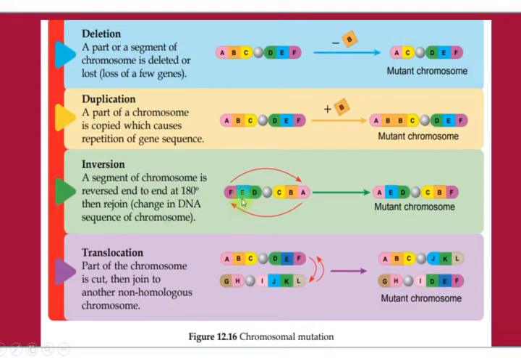The original segments are A, B, C, D, E, F. During the mutation, the segment of the chromosome is reversed end to end, so A goes to where F was, and F goes to where A was. The segment is reversed 180 degrees, and it will produce a mutant chromosome.